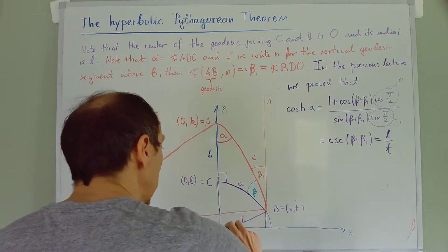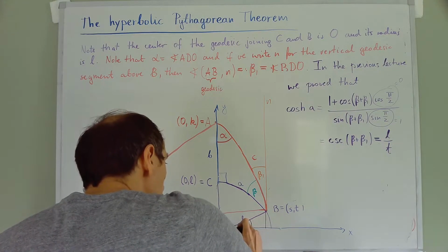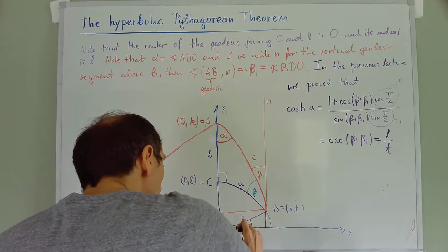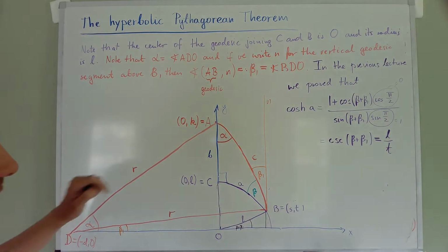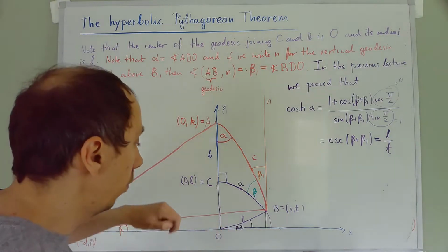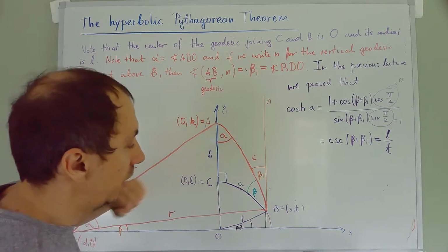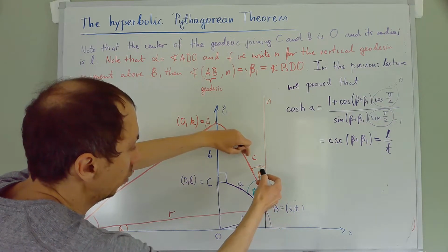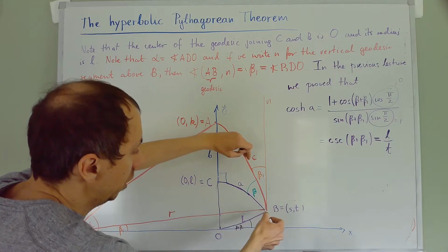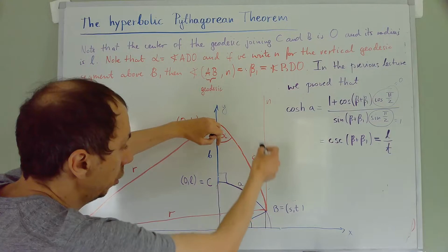So this angle here is the same as beta plus beta 1, again by the same logic as before. The beta plus beta 1 looks bigger on this picture, but this picture is not really telling you the truth, because the angle beta plus beta 1 is really the angle between the tangent line to the purple line and the orange line.